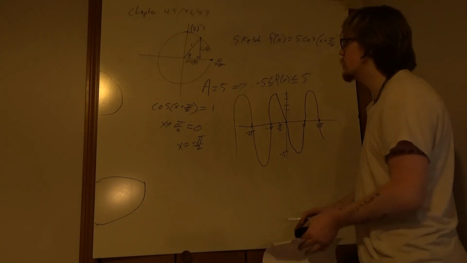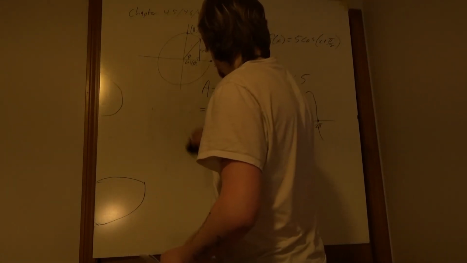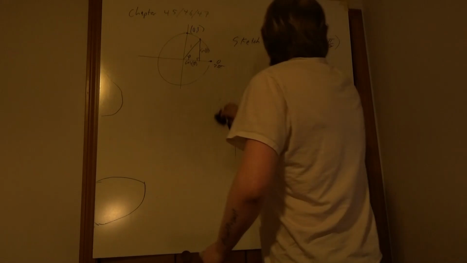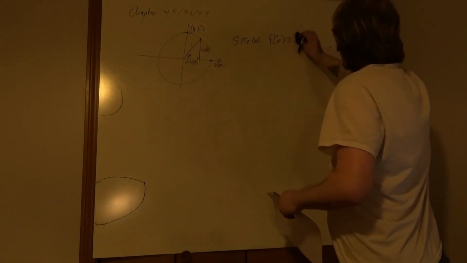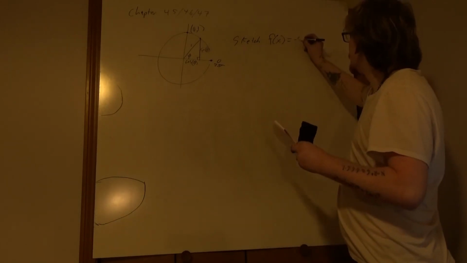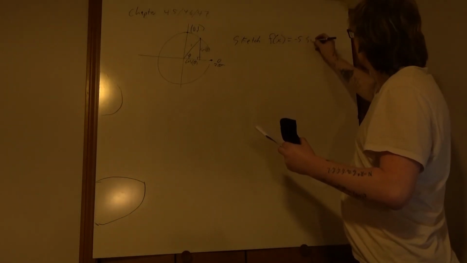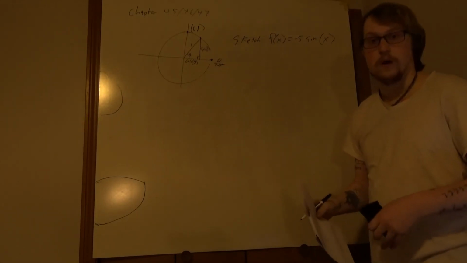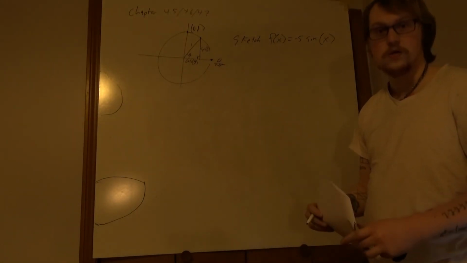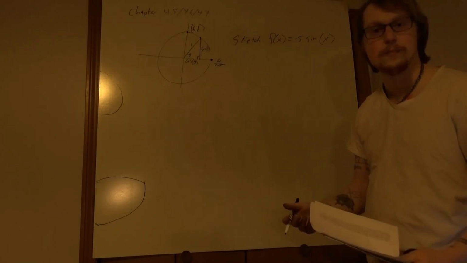If we sketch the next one in the notes, which is negative 5 sine of x, well, this one's even simpler, right? We can go down the list, but in fact, the only thing that we've changed is the amplitude.